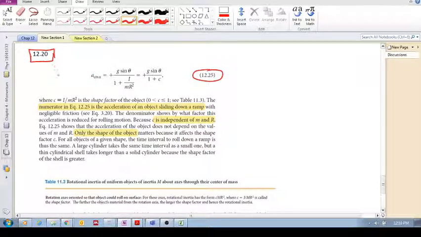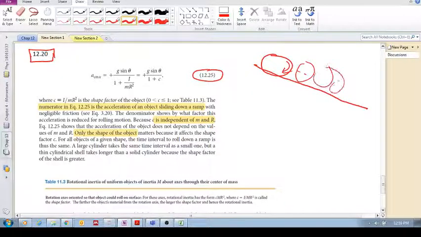So, what is the shape factor? If you've got an object that is rolling without slipping, rolling down here and there's no slip, then the acceleration of the center of mass is given by this equation. It's given by g sine theta divided by 1 plus I over mr squared.